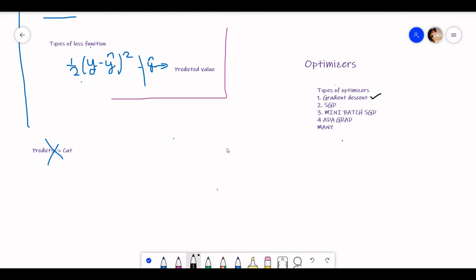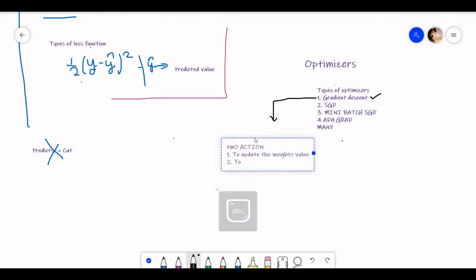In gradient descent it will perform two actions. One is to update the weight values, and the second is to update the bias values.